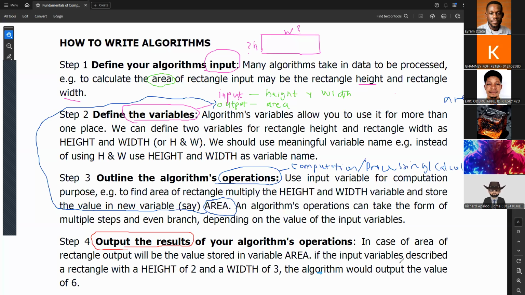If the input variable describes a rectangle with a height of 2 and a width of 3, then the algorithm would output the value 6. So the height is 2 times the width, which is 3, and that will give us 6 as the area of the rectangle.